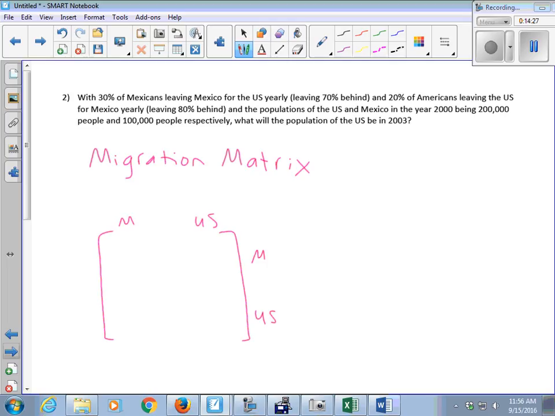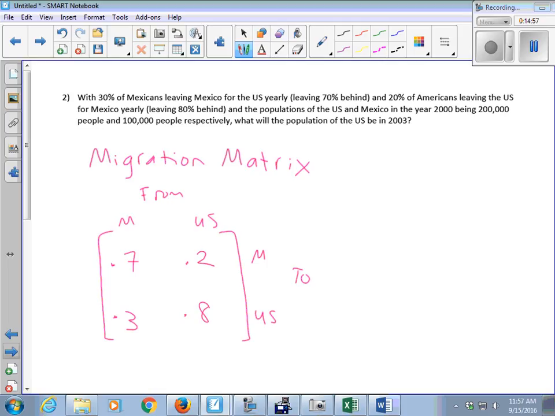All right, going from to. It's a 2x2 matrix. So from Mexico to the US is 30%. From Mexico to Mexico, so staying in Mexico, 70%. From the US to Mexico is 20%, and from the US to the US, 80%. So this is what we call the migration matrix.